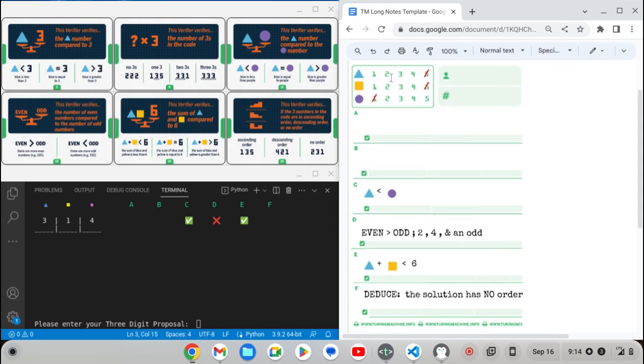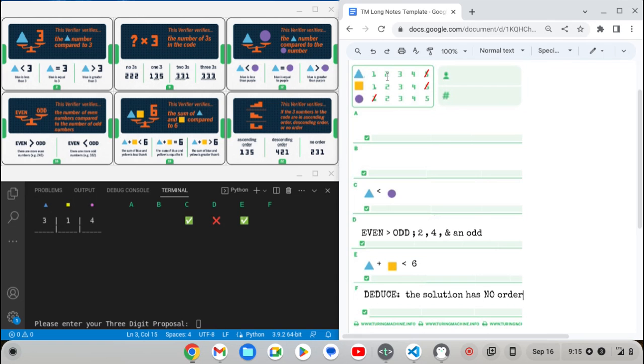Another possibility is that because we know the sum is less than 6 and we need an odd and an even, it could be that circle is one of the evens, maybe even triangle is the other even, and that's helping us sort of order the digits.